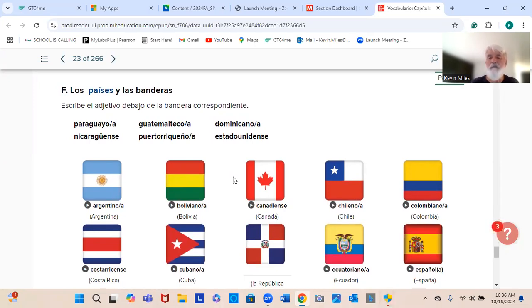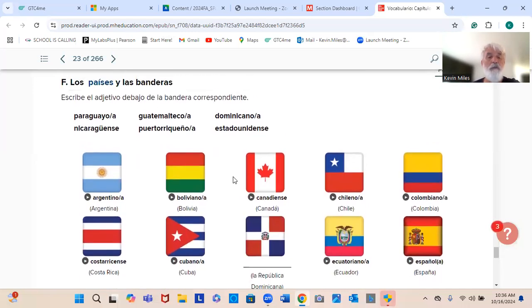You might be given a flag or asked about the colors of a flag. And so, ¿de qué color es la bandera de Guatemala? What color is Guatemala's flag? You should be able to say, la bandera es roja, o la bandera es roja, amarilla y verde. That's kind of what they want you to do here.